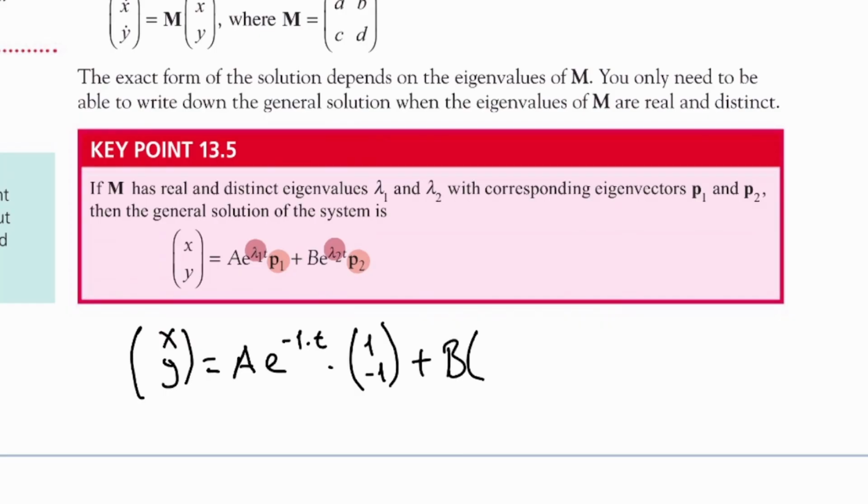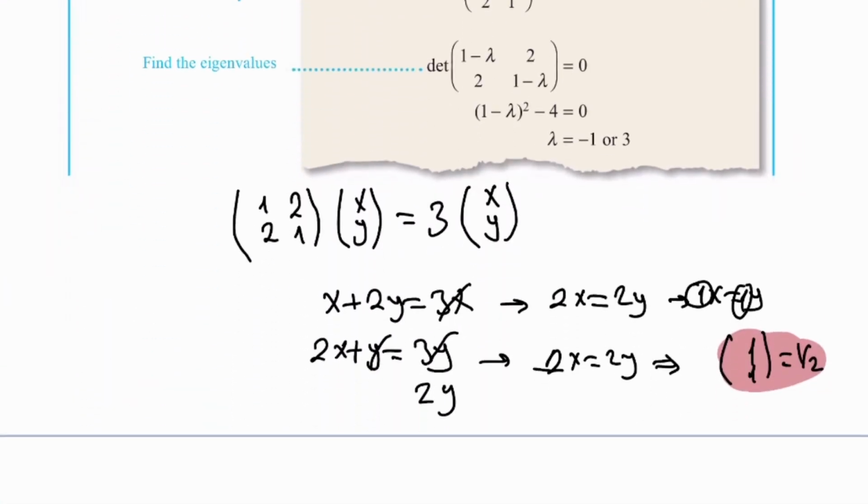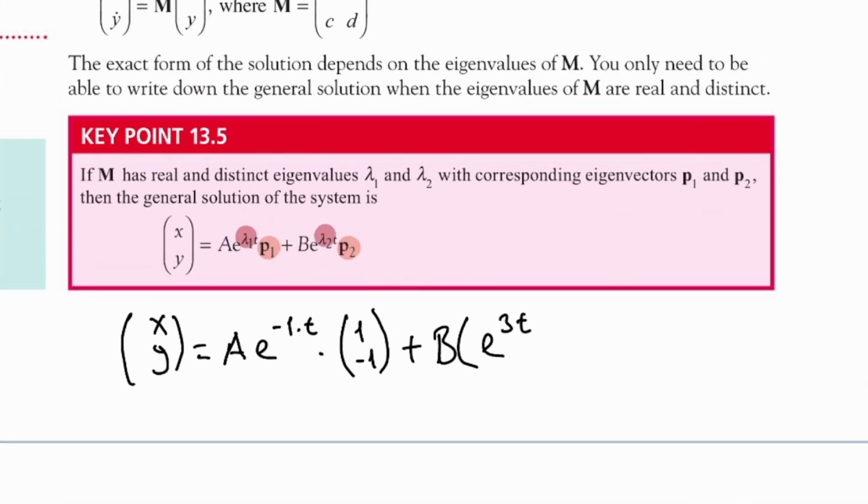Plus b is the coefficient, e to the power of eigenvalue 2, which is 3t, times the associated eigenvector, which is 1, 1. Okay guys, this is our solution, and this is the general solution of our system.